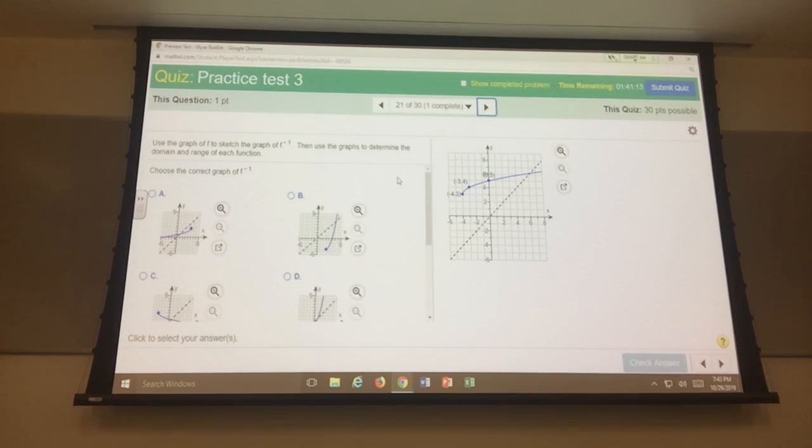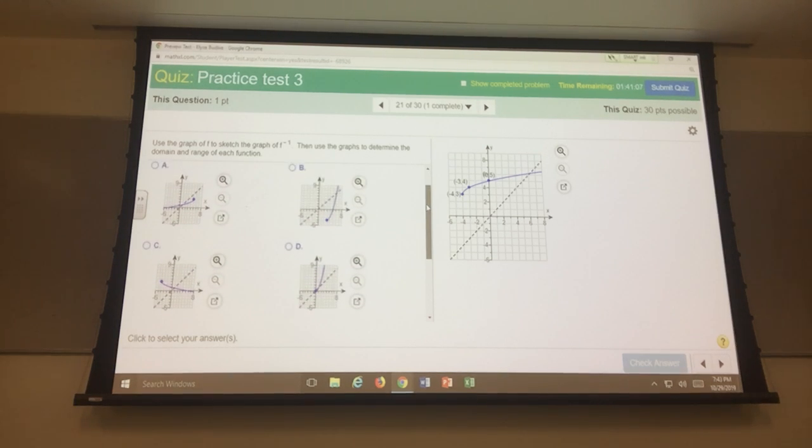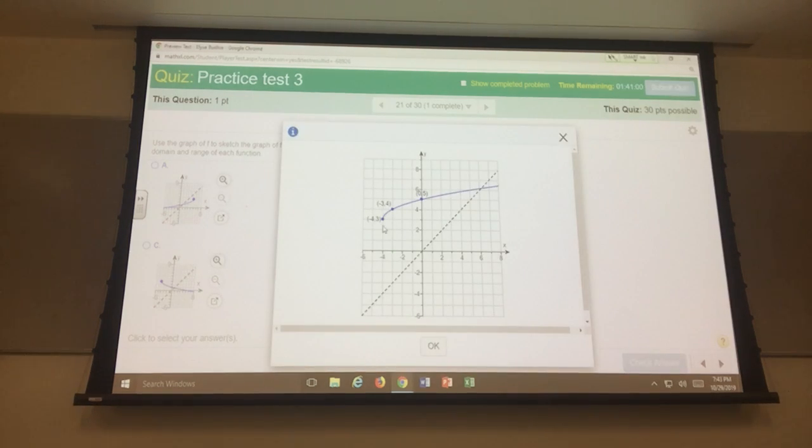What about this one? This one shouldn't take too long. How do you find the inverse graph? We switch the points, right? So if this original function graph has -4, 3 on it, then our inverse function graph has 3, -4 on it. And then the same thing with -3, 4, then it has 4, -3.